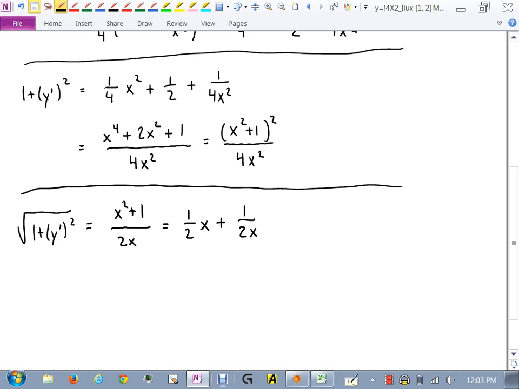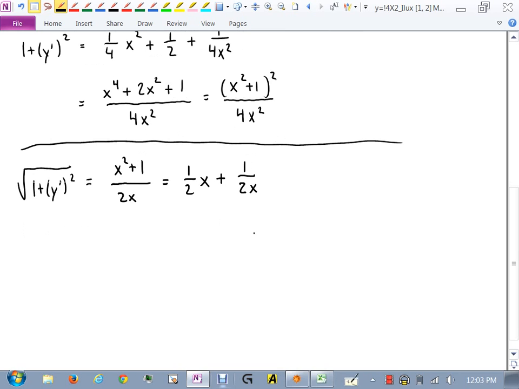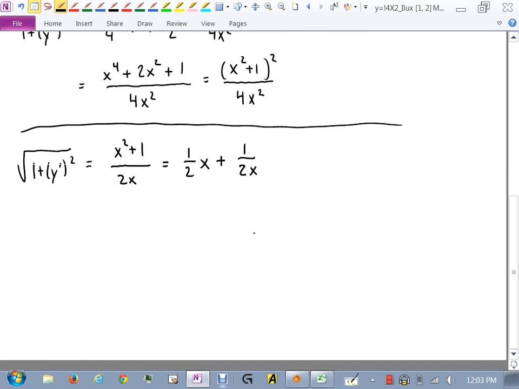Okay, any questions up to this point? Formula time. So the area, meaning surface area, should be 2 pi integral from 1 to 2 of y.